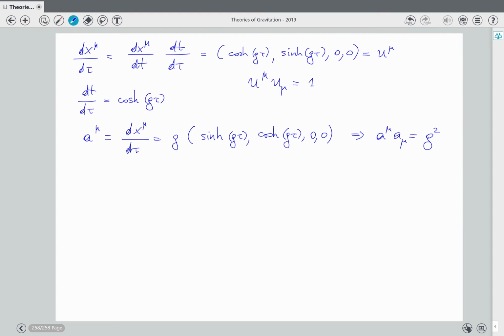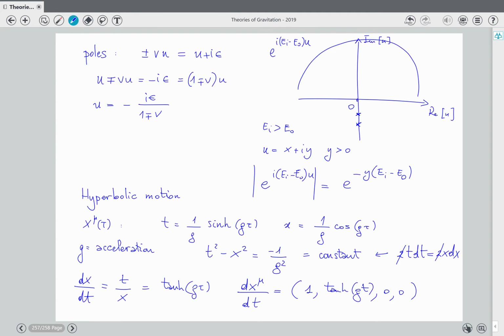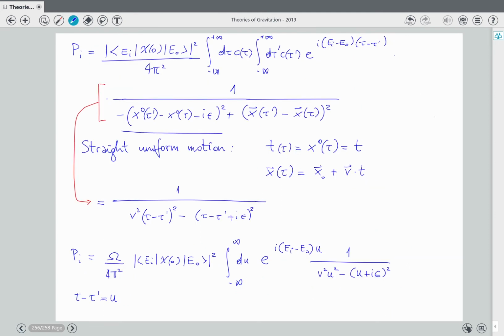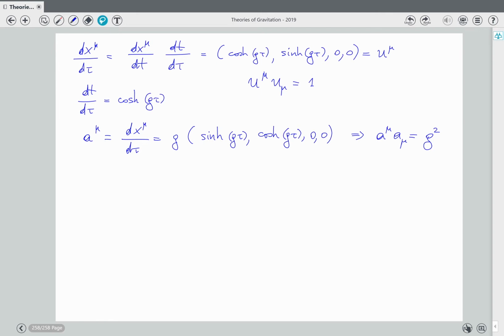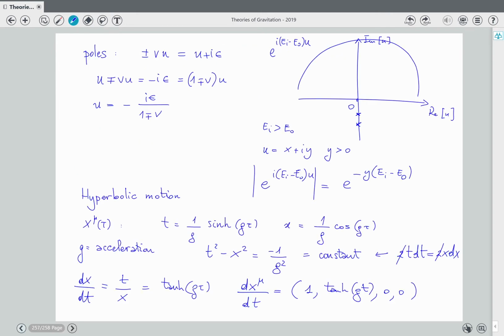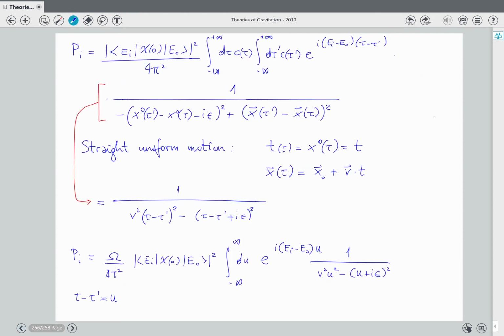Now, we have to compute this thing here. There is little we can do. So we need to compute it, and that's not the difficult part. That's straightforward.